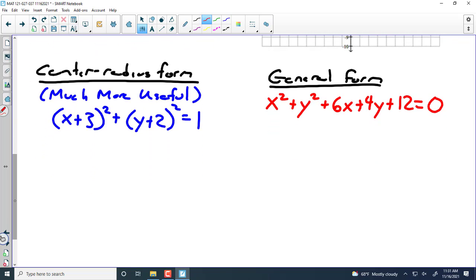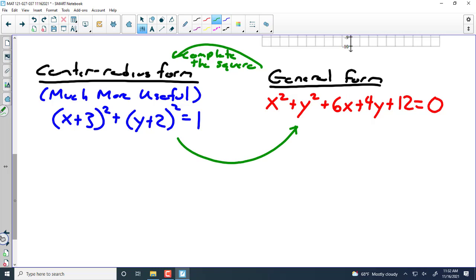And what we learned, everyone, is that to go from the general form to the center radius form, you complete the square. But unfortunately, every now and then, they want you to go from the center radius form to the general form, which I think is silly, but it's not a bad mathematical skill to have.